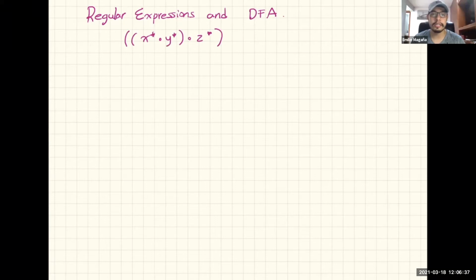I interpret that there is a chain of letters that contains a first X, letter Y, letter Z. So I know that, for example, the letter X will be zero or more occurrences.